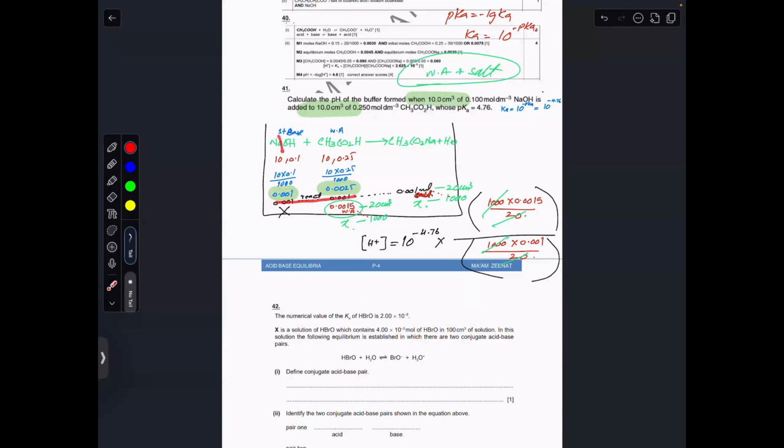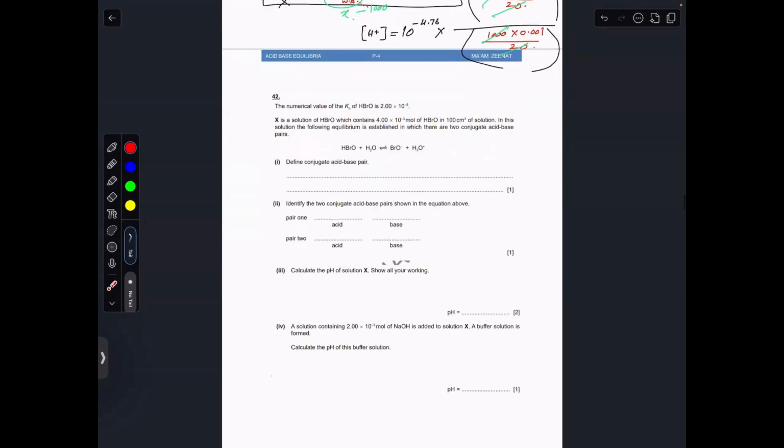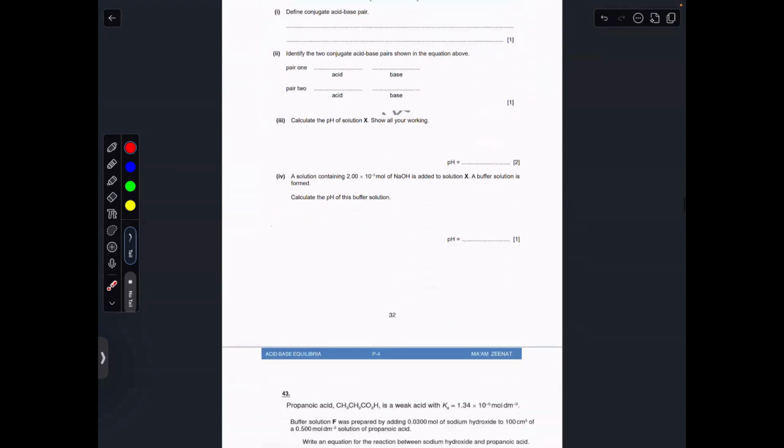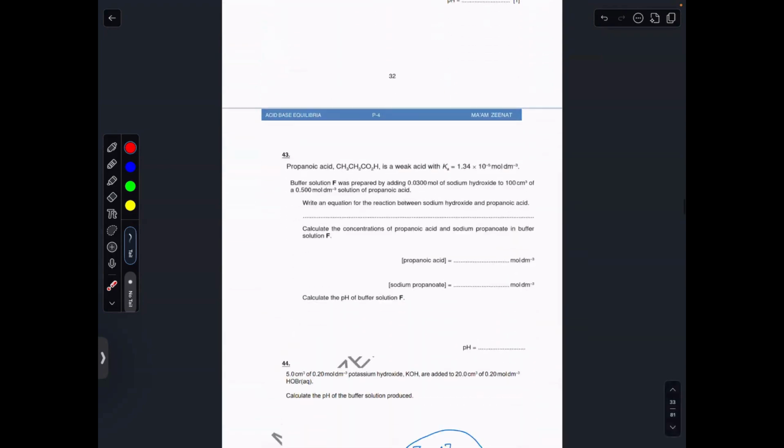Whichever one finishes, this much is your weak acid, this much is your salt. So this is 10 plus 10, 20. So are you supposed to use the total volume or is that cancelled? That is cancelled. These questions are exactly the same way. You're supposed to do this on your own. I'm doing another question for you.